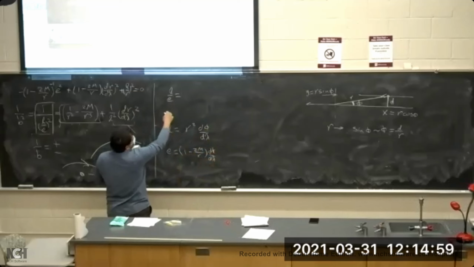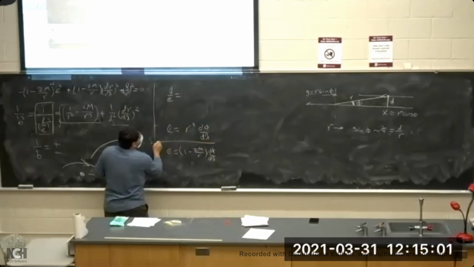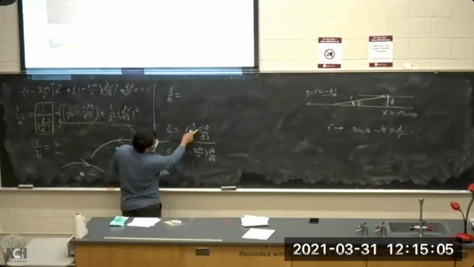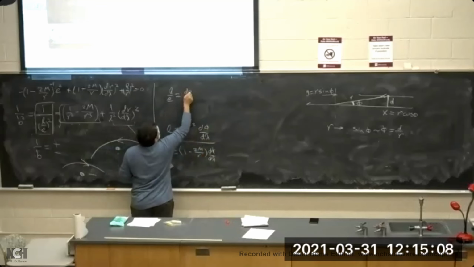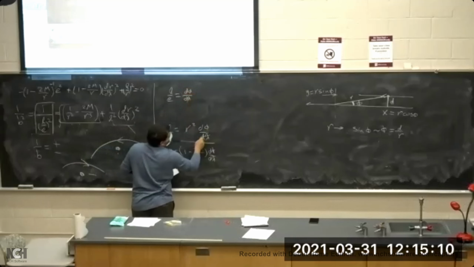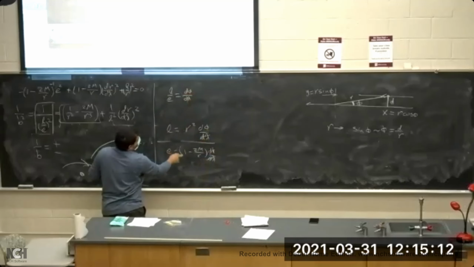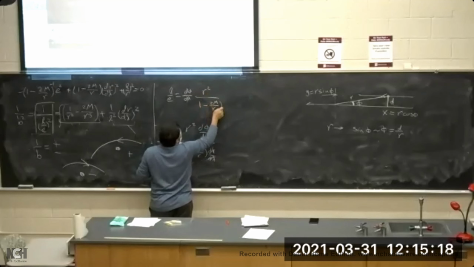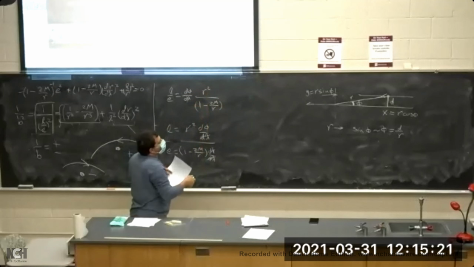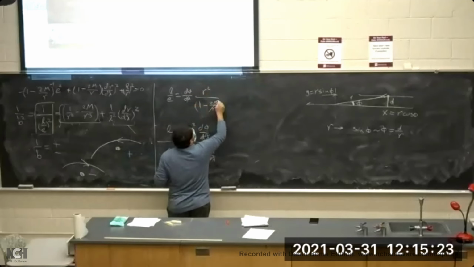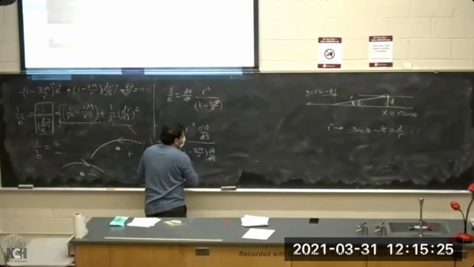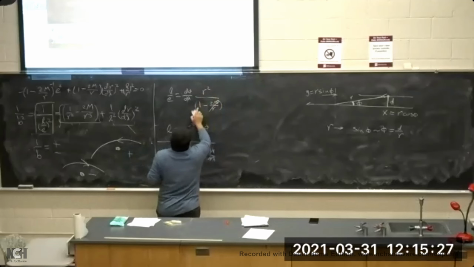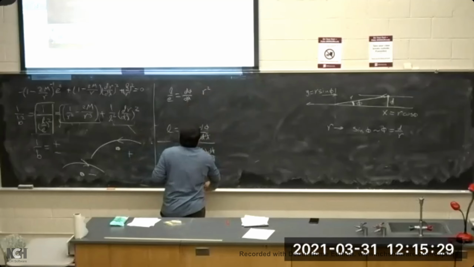If we take them and divide them, L over E, we have d phi by dt, and we can remove this dependence. And we have R squared over 1 minus 2m over R. For large R, which comes from infinity, this term will be 0, and we have just 1. And in this case, we have just d phi by d lambda, R squared.